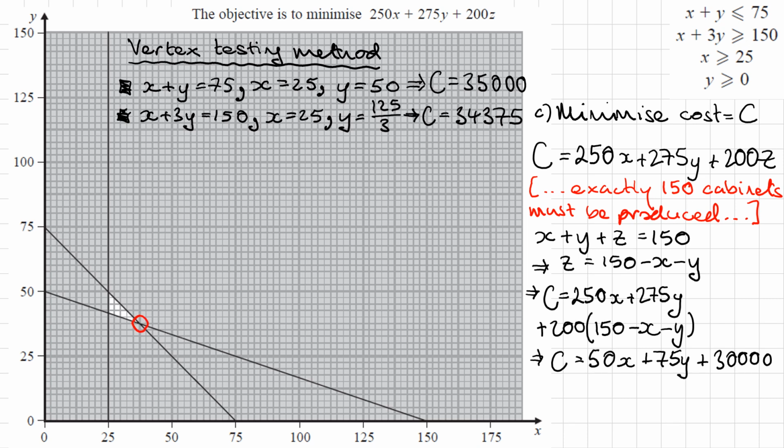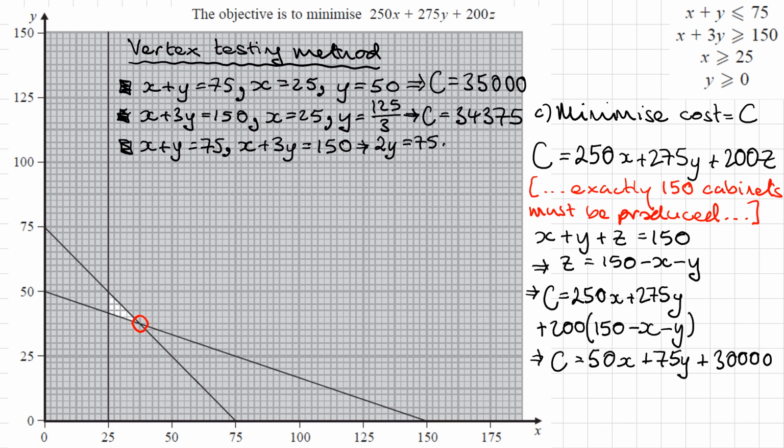Now this is the intersection of the lines x plus y is equal to 75 and x plus 3y is equal to 150. So we're going to have to solve these simultaneously to work out the values of x and y. If you subtract the equations from one another, we will end up with 2y. So I'm basically doing x minus x, and then 3y minus y, and then 150 minus 75. It's going to be 75.